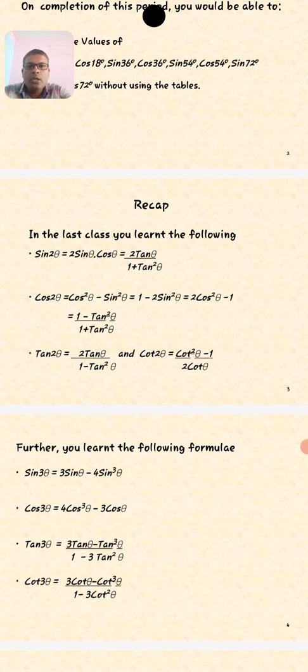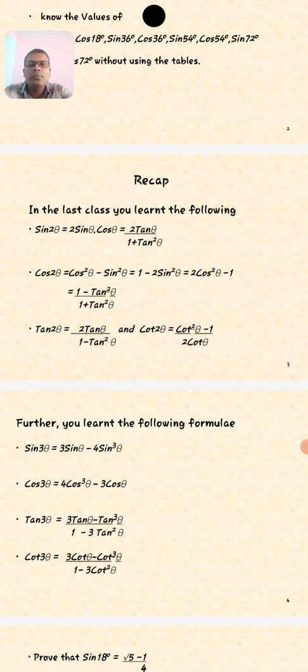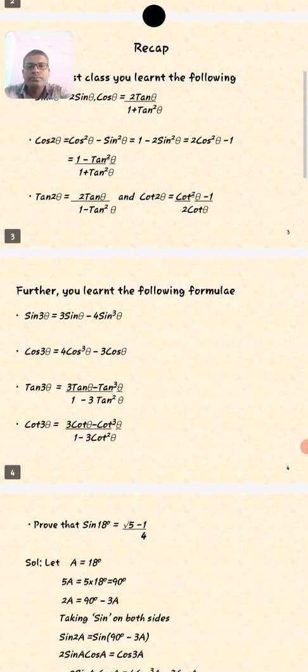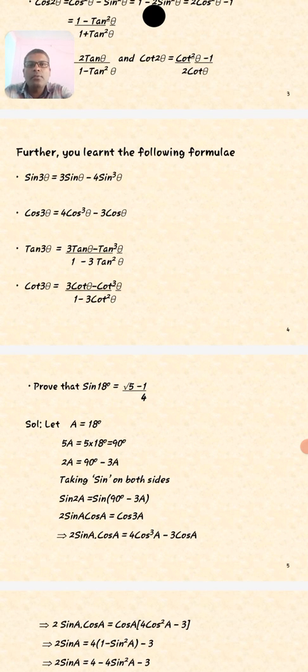The same way cos 2 theta is equal to cos square theta minus sin square theta, and also equal to 1 minus 2 sin square theta, and also equal to 2 cos square theta minus 1, and also equal to 1 minus tan square theta divided by 1 plus tan square theta. Okay, these are all the cos 2 theta formulas. And the same way tan 2 theta is equal to 2 tan theta divided by 1 minus tan square theta and cot 2 theta is equal to cot square theta minus 1 by 2 cot theta. Okay, already we know these types of formulas from the last class.